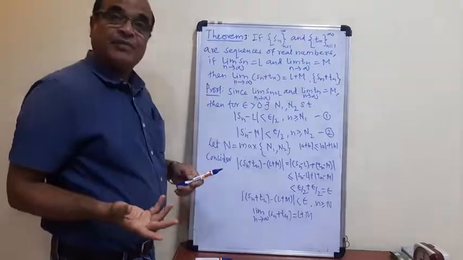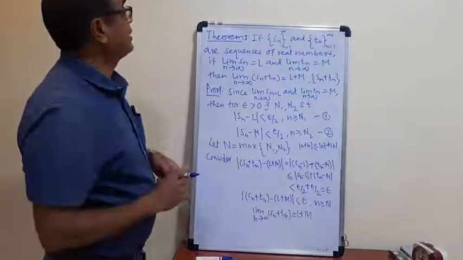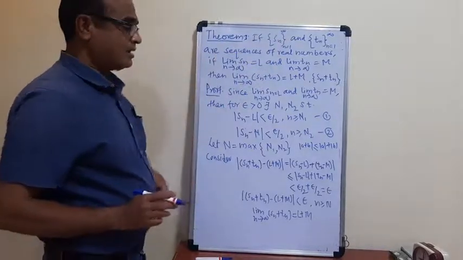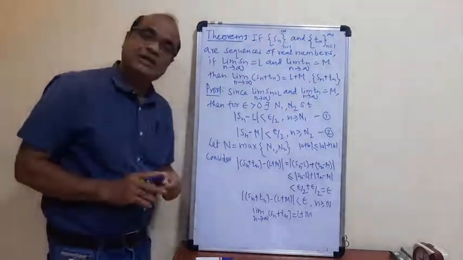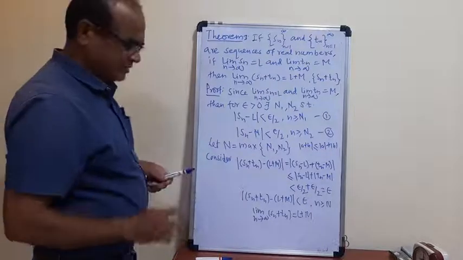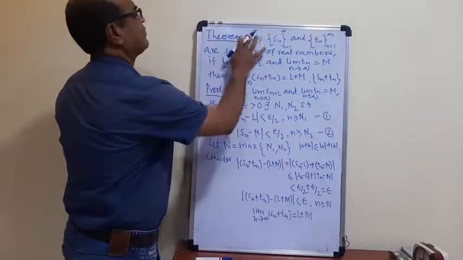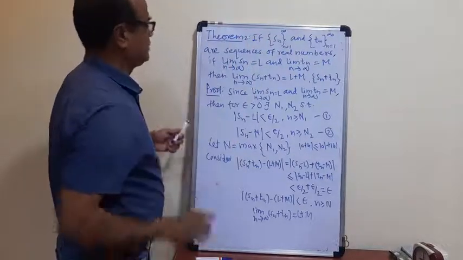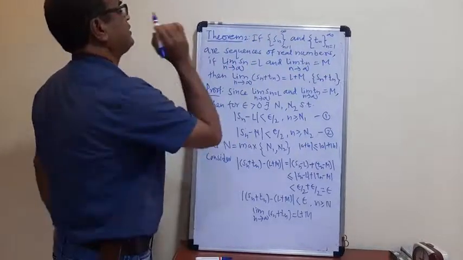What is theorem 2 here? Same kind of theorem. If Sn and Tn are convergent sequences of real numbers, what is theorem 2?